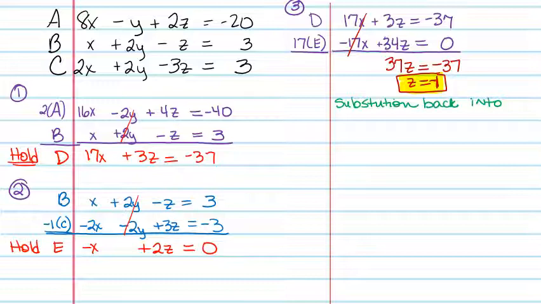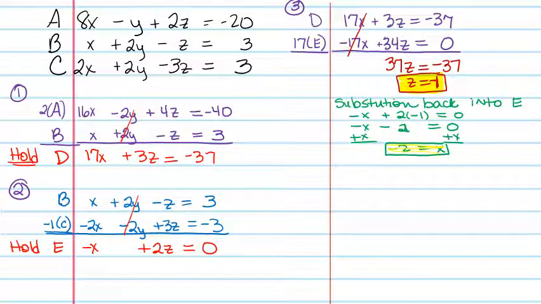E looks a little easier, so I'm going to plug it back into E. So E says negative x plus 2z is equal to 0. So that's going to give me negative x minus 1 equals 0. I'm sorry, minus 2 equals 0. I'm going to add x to both sides, and I get negative 2 is equal to x. So now there's my second answer.